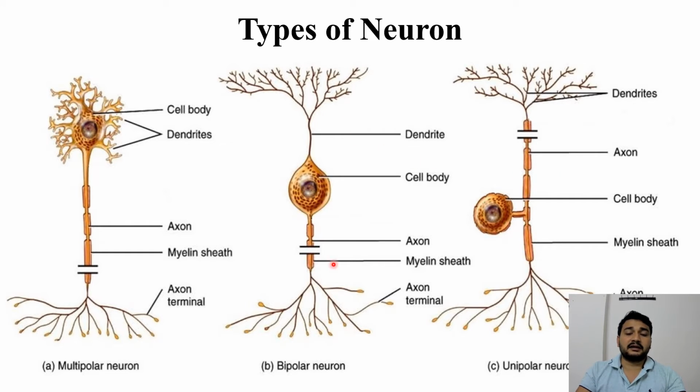In between is the bipolar neuron, which sends signals in both directions. On the left we have multipolar neurons, which have multiple poles and can send signals in different directions, upper side, down side, right side, left side. So these are the details about types of neurons.